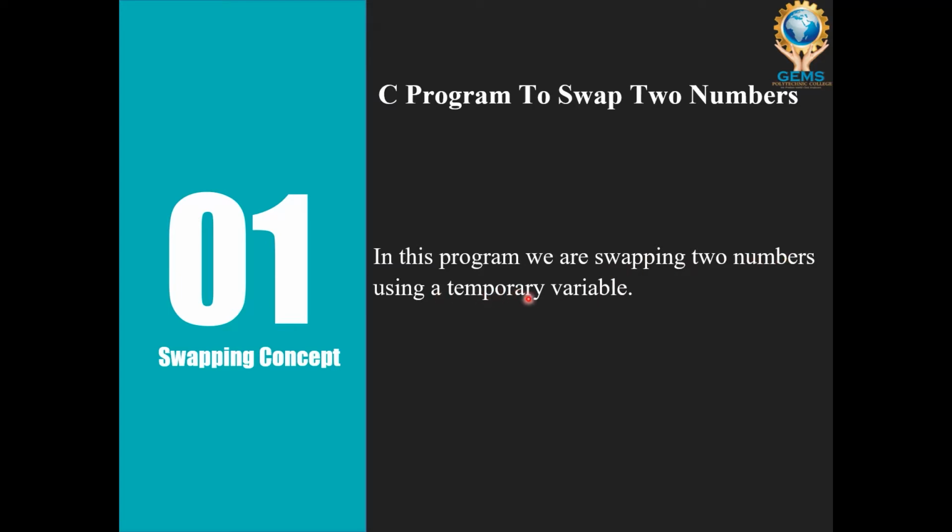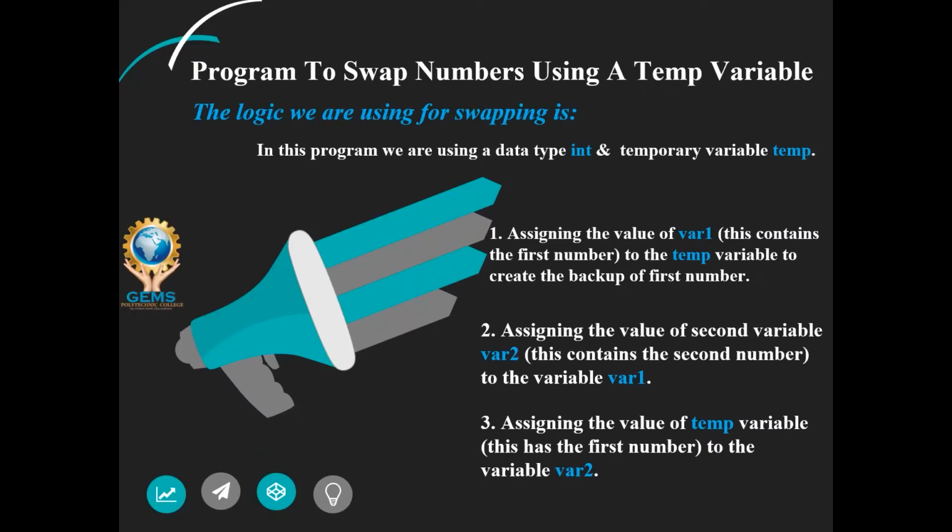That means we are using the temporary variable for swapping two numbers. So the logic behind swapping two numbers using temporary variables, I clearly try to explain here.